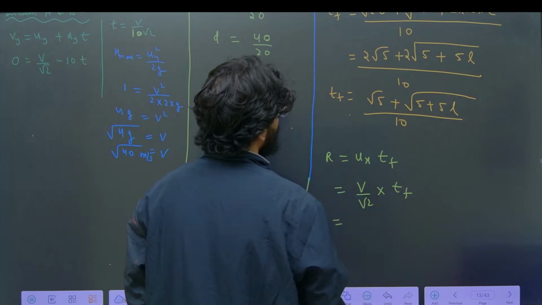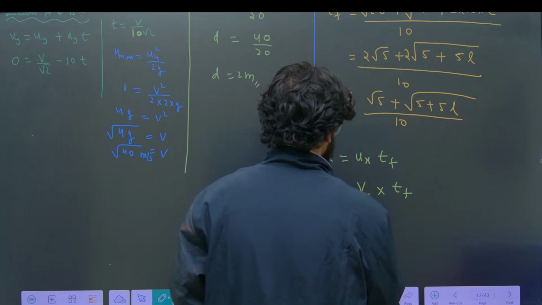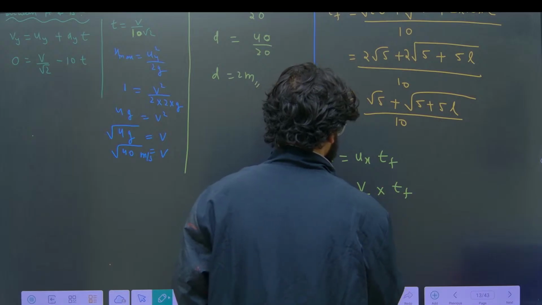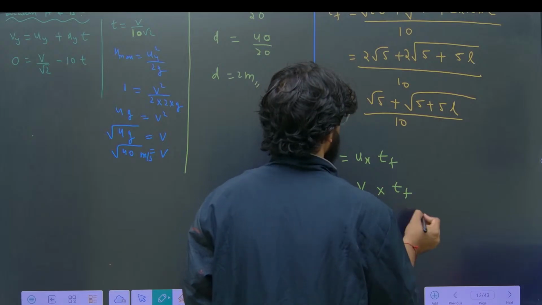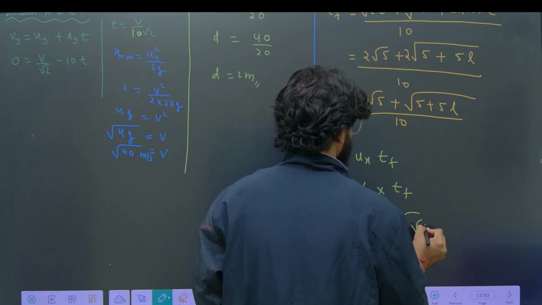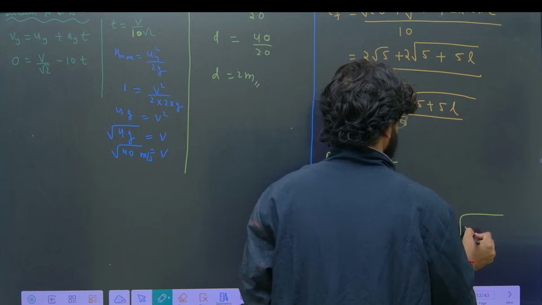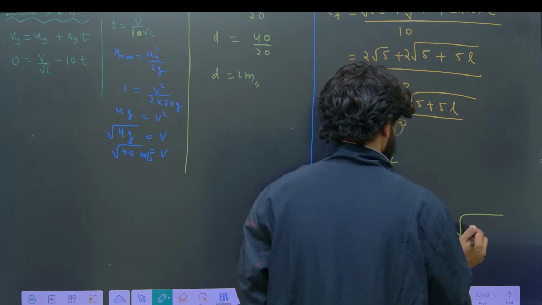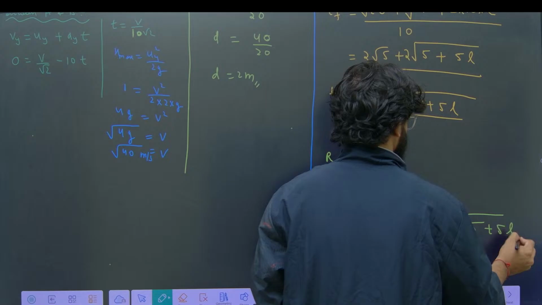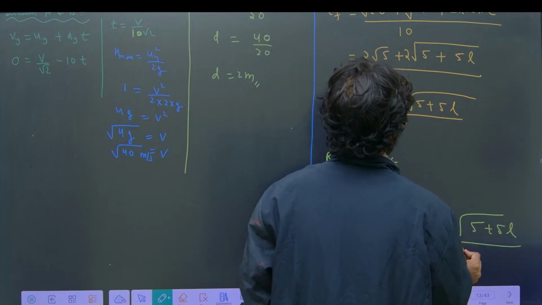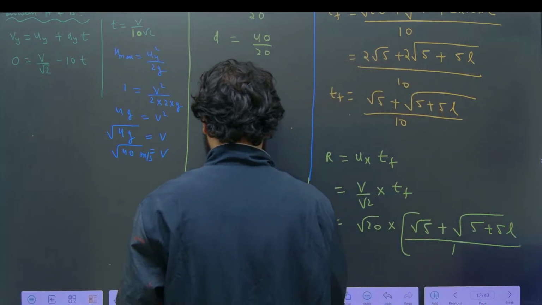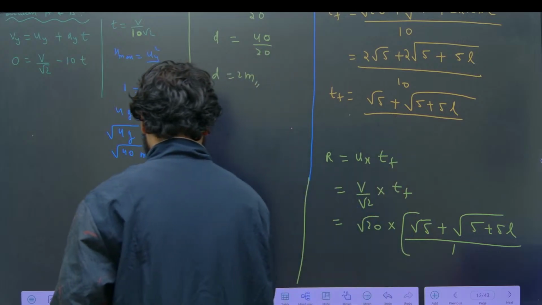V by root 2 is root 20 into this weird number, root 5 plus 5L. This will be 5 only because we have cut it down.